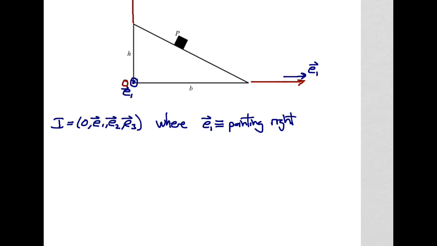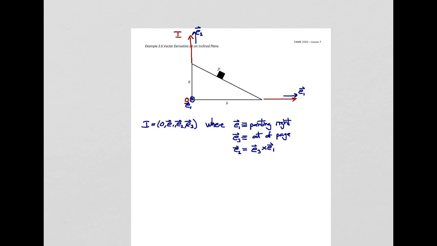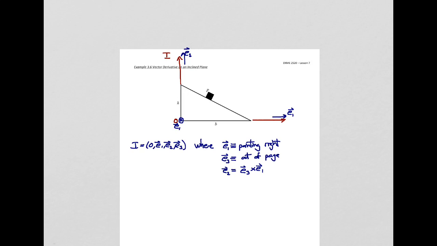Then we define E3 as out of the page, and E2 is equal to E3 crossed with E1. So there's our inertial reference frame, or our first reference frame.